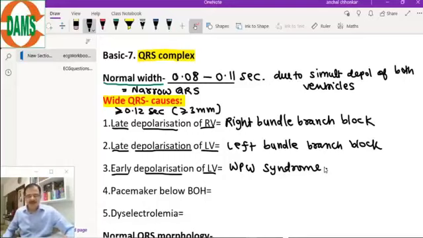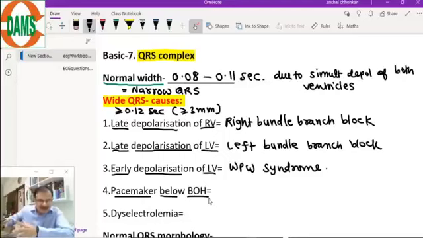Now understand carefully. When there is a pacemaker below the bundle of His, what will it do? It will depolarize one ventricle first, followed by the other ventricle.